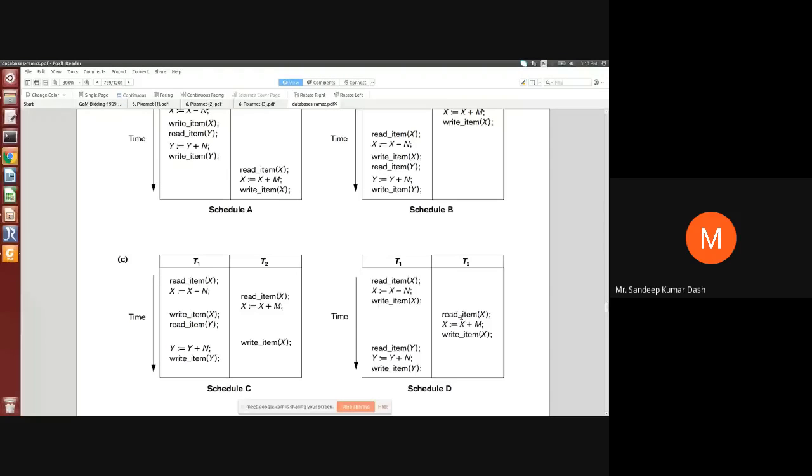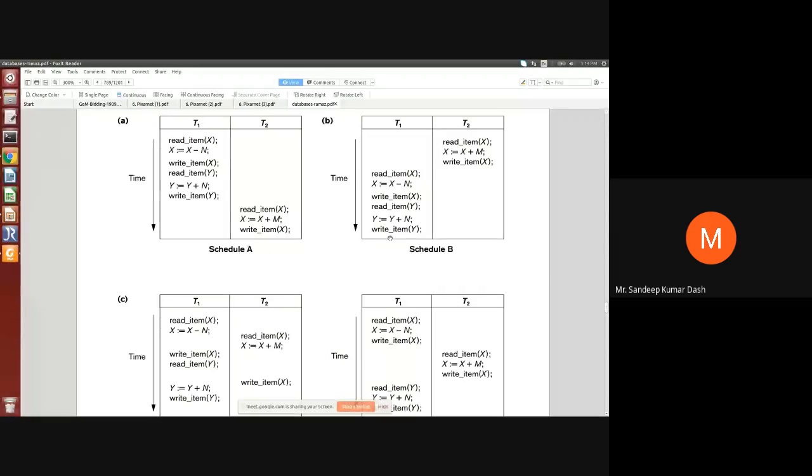Now the problem is that we saw last class that these serial schedules are always fine. That means they always produce a consistent state of the database after the transactions are complete. Okay. So they pose no problem to the database.